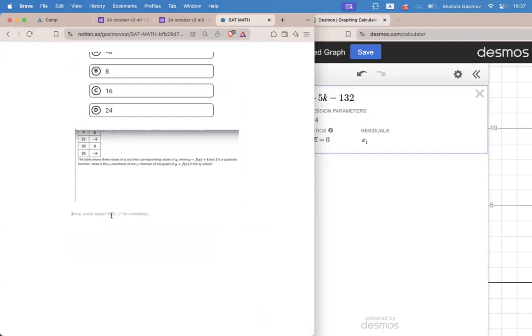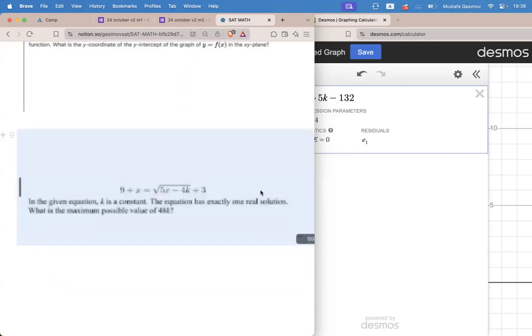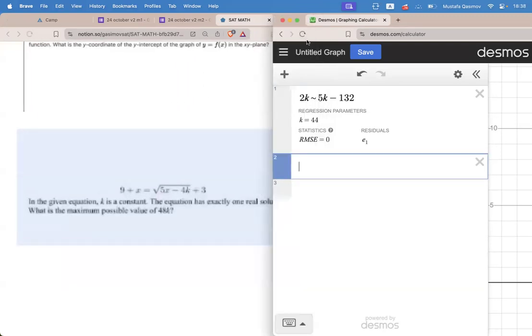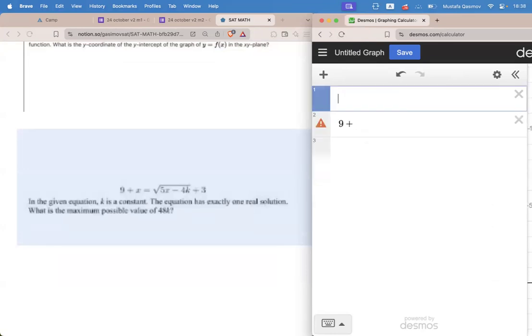Okay, what's your opinion? Müəllim, iki tərəfli kvadrata yüksəldə bilərik, but Desmosdan tapmaq olur da bunu. Desmosdan düzdür, amma birinci Desmos yox.